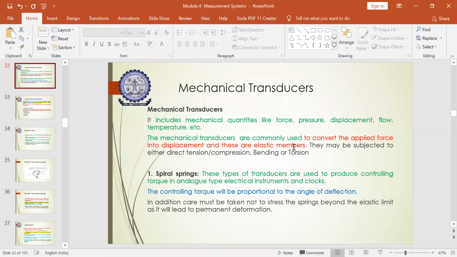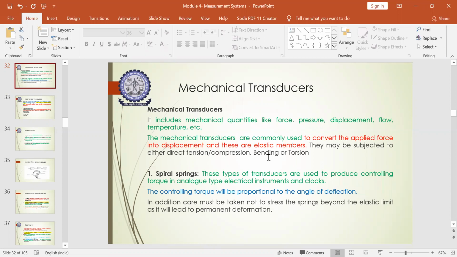The members you are using to convert the applied force into displacement are basically elastic materials. They may be subjected to direct tension, compression, bending or torsion, so that the input signal of the physical quantity will be converted into the required displacement.